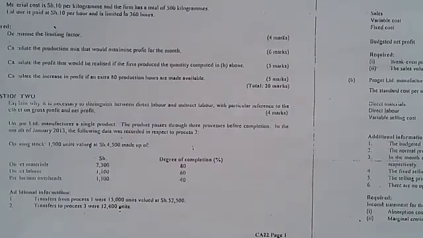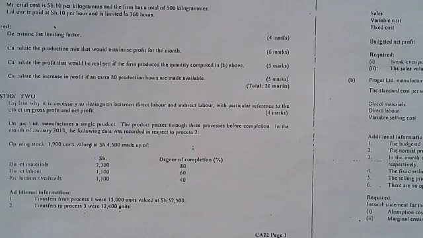Number 4, on completion of process 2, 800 units were scrapped at 5 shillings per unit. Number 5, 3,700 units of closing stock were completed as follows: direct materials 90%, direct labor 70%, production overhead 50%. Number 6, during production, a normal loss of 8% of input is expected.